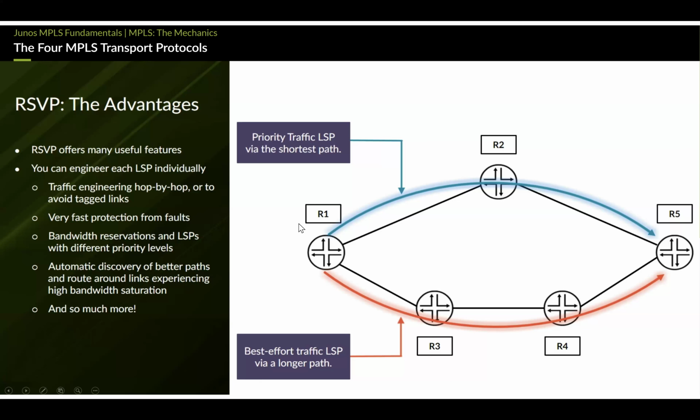That means if you implement traffic engineering in your MPLS domain, you can use RSVP. By default, LDP has no traffic engineering feature. If you want traffic engineering in your MPLS domain, you have to use RSVP or segment routing. Okay. So this is the advantage of RSVP.